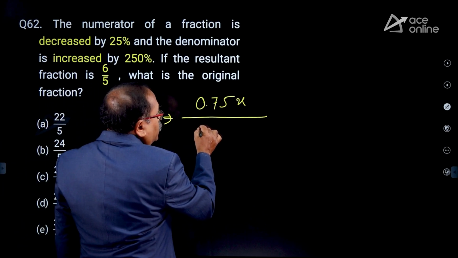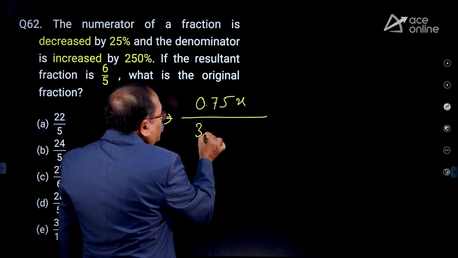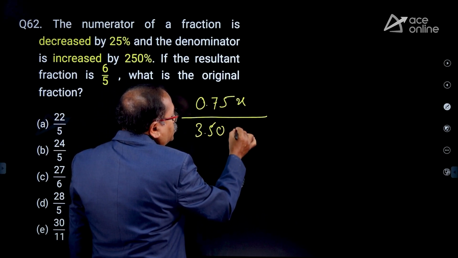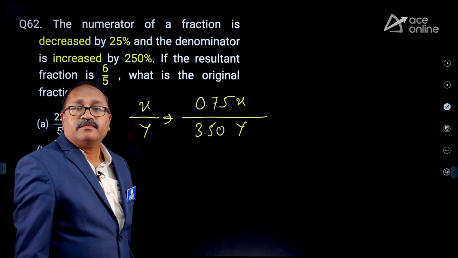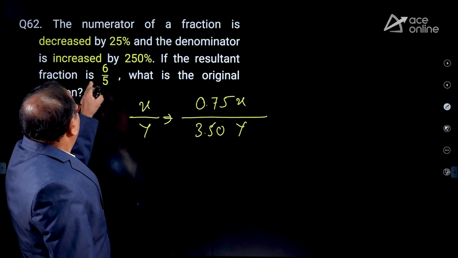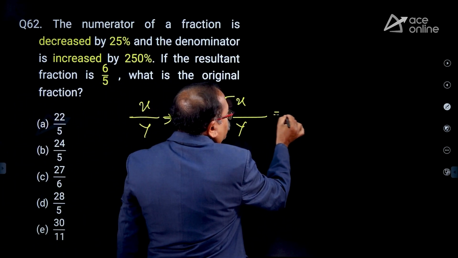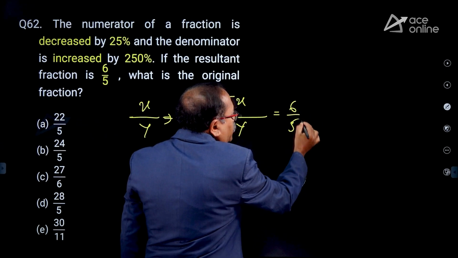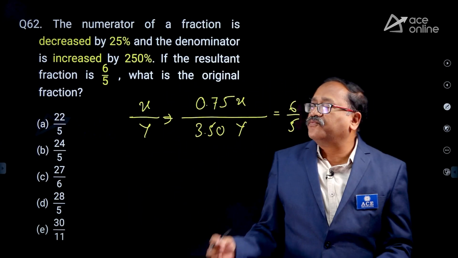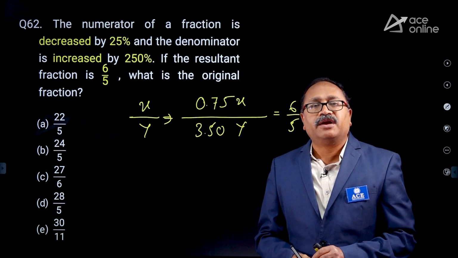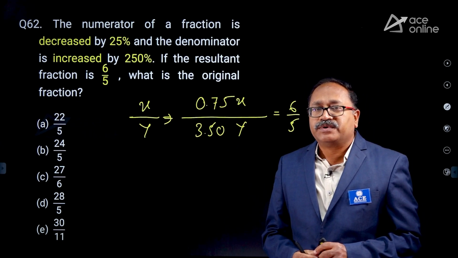So that is 350 percent, which is nothing but 3.50 of y, which is equal to 6 by 5.